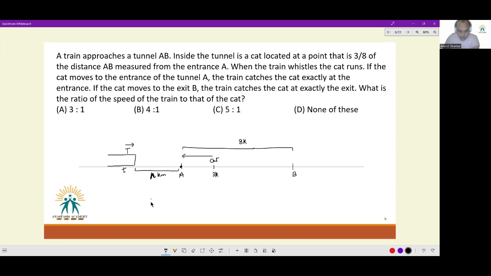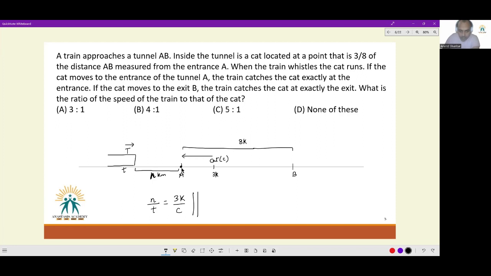So n traveled at the rate of t is equal to 3k, where the speed of the cat is c kilometers per hour. The cat moves at c. In the time that the train travels n kilometers, the cat travels 3k kilometers. This is one expression that we have.